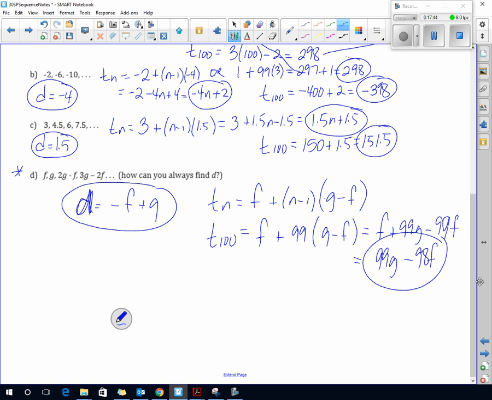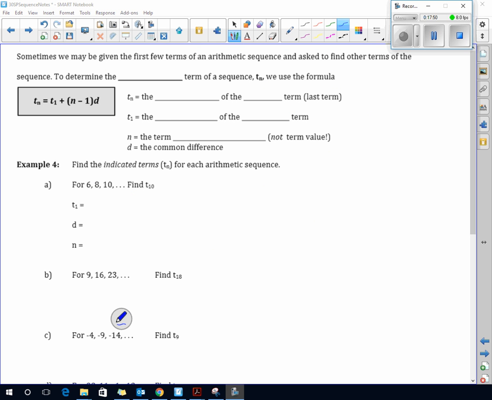Sometimes we may be given the first few terms of an arithmetic sequence and asked to find other terms of the sequence. To determine the nth term of a sequence, or Tn, we use the formula Tn equals T1 plus n minus 1 times d.